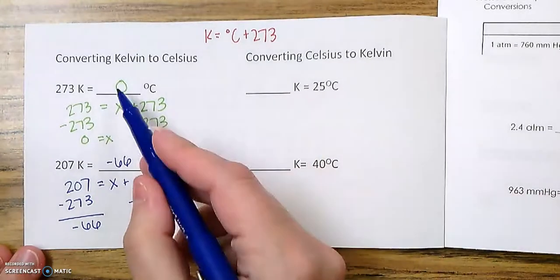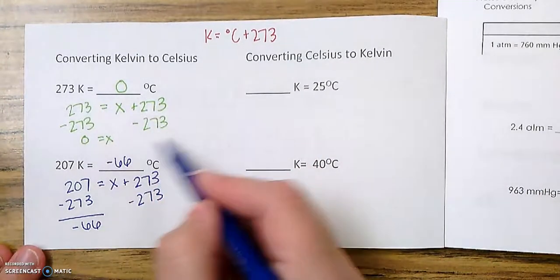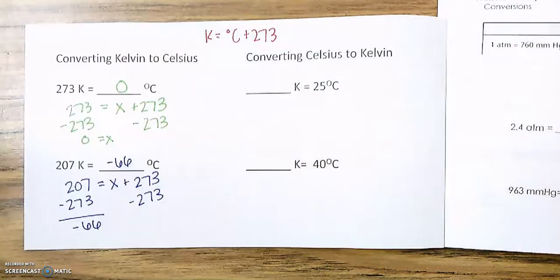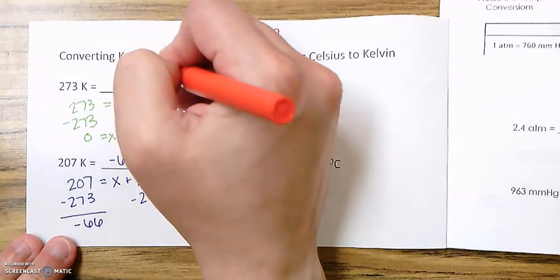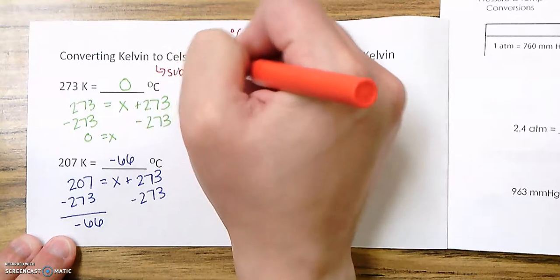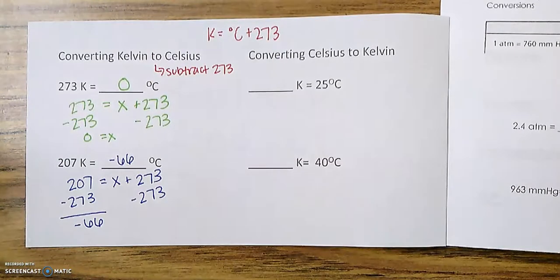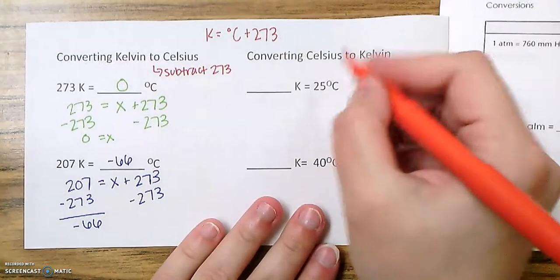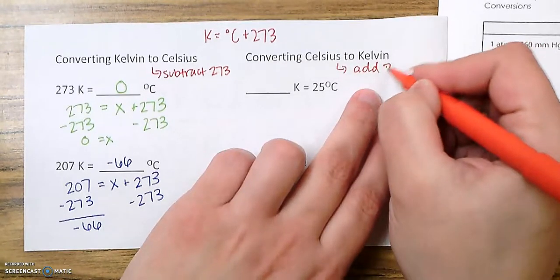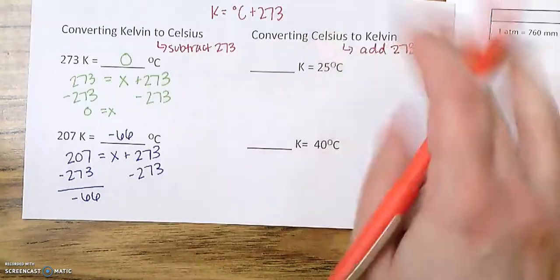So you'll notice for Kelvin to Celsius, I'm always subtracting my 273. So Kelvin to Celsius, I'm going to subtract. So if we're doing the opposite of that, we know right here that for Celsius to Kelvin, we're going to add our 273. So you can either remember those rules or use that equation either way.